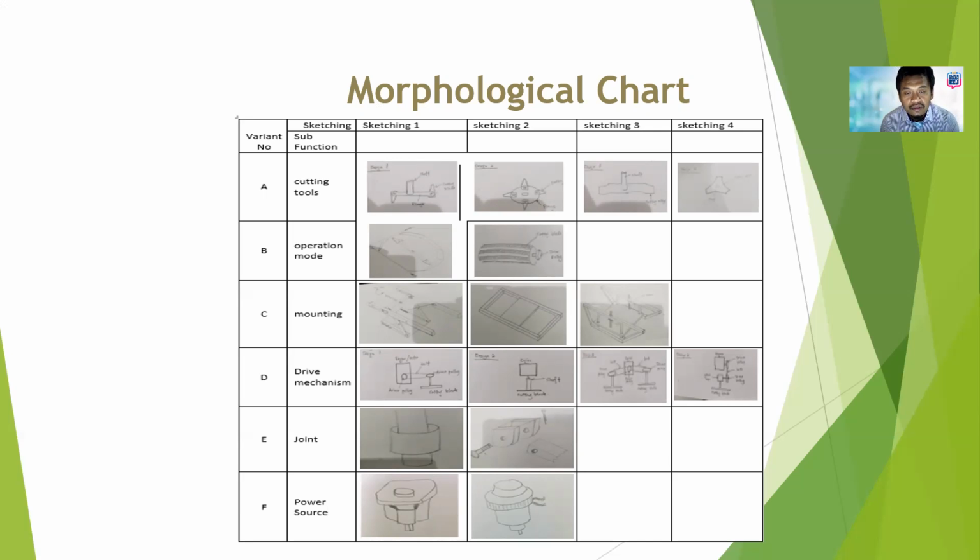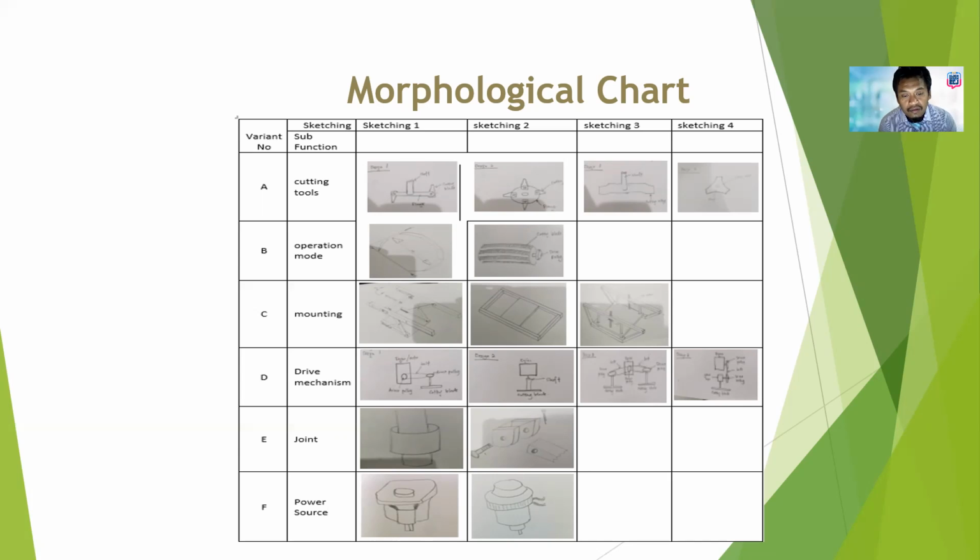For the joint, the first sketch is the sliding method, and the second sketch uses a slot or lock. Then the sketches for the drive mechanism. The drive mechanism means how the cutting tools operation is connected to the engine.